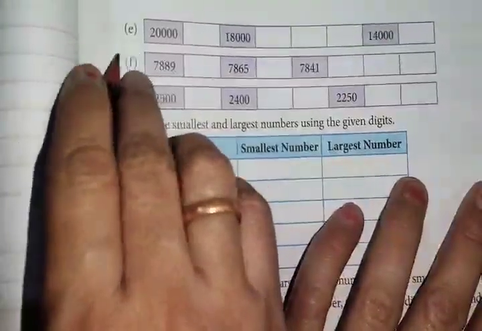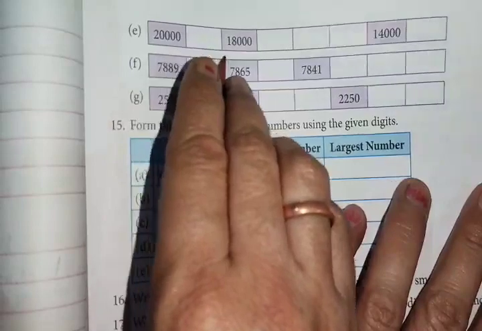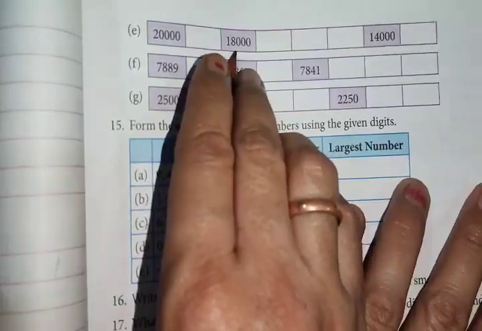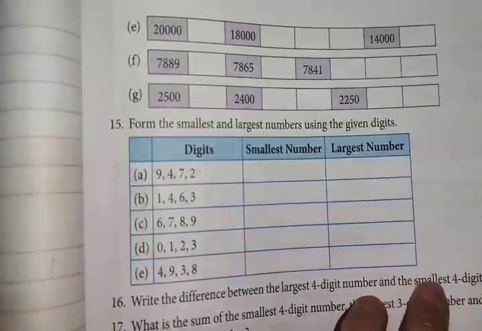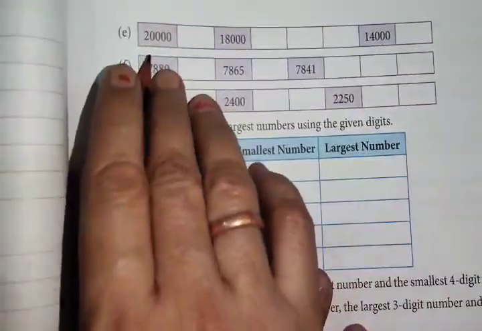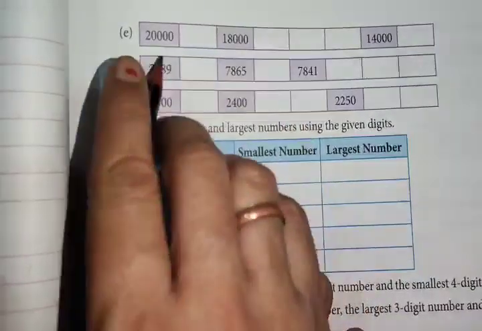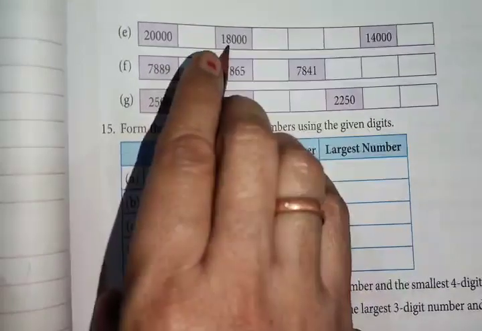Next point, E. 20,000, then blank, then 18,000. You can see here is reverse counting, meaning descending order, largest to smaller. We have to find out the difference. 20,000 and 18,000.